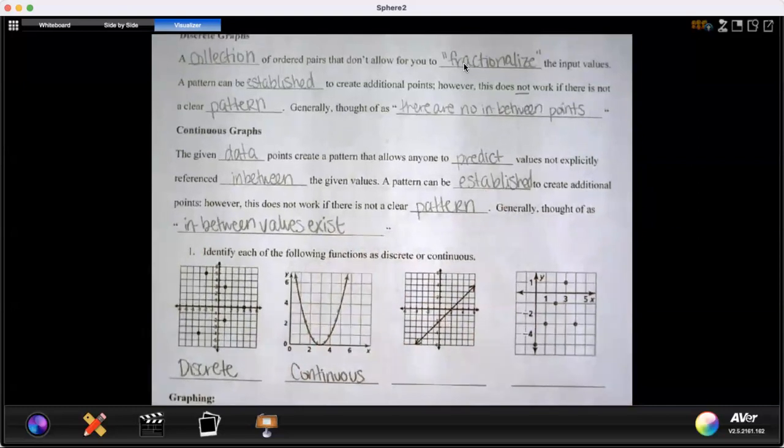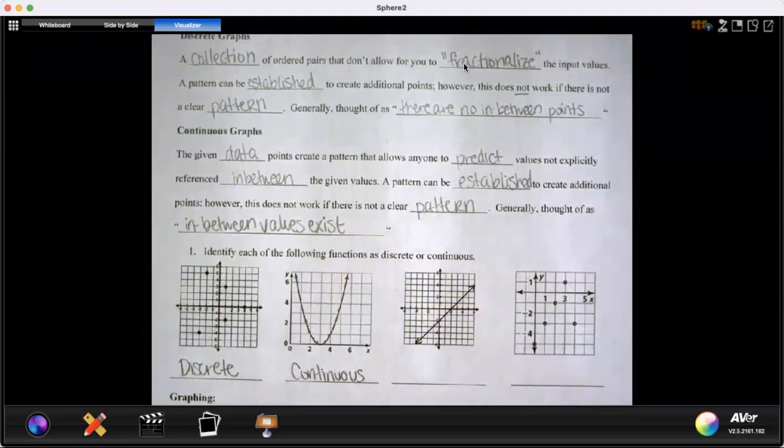Take a second and identify the next two, what you believe to be true. Hopefully you notice that the images look very similar in how we establish them.